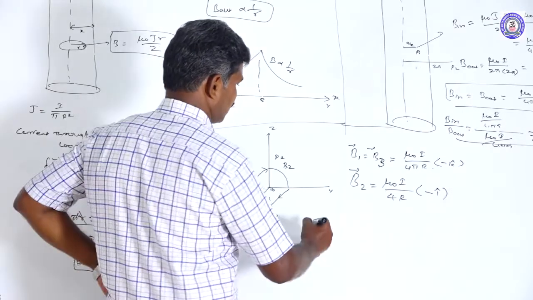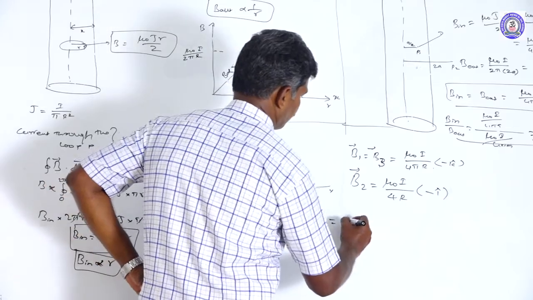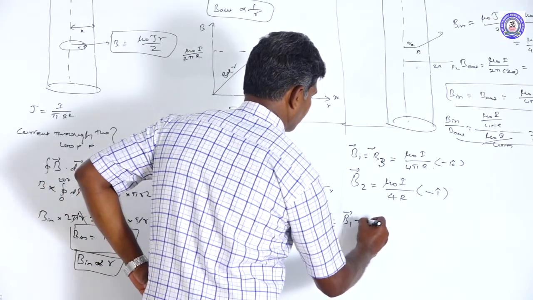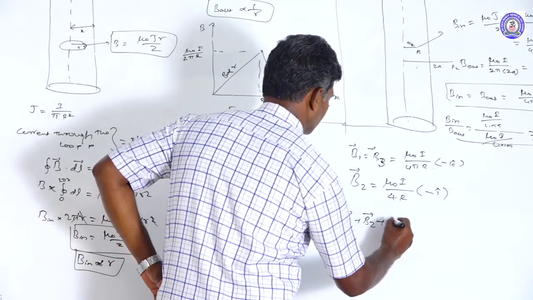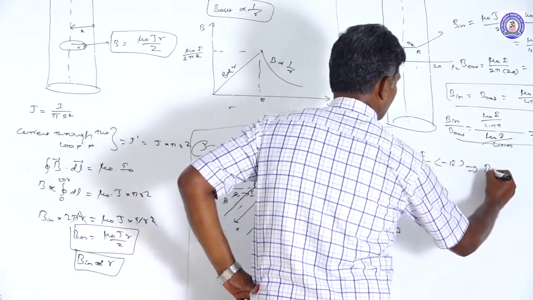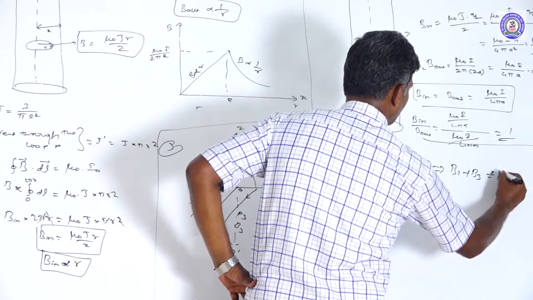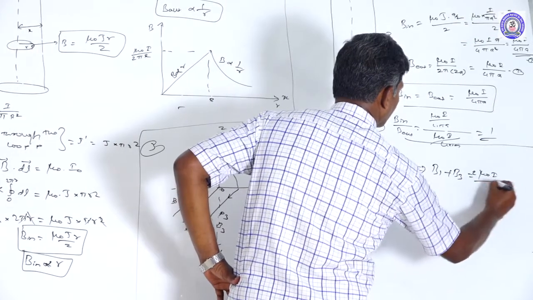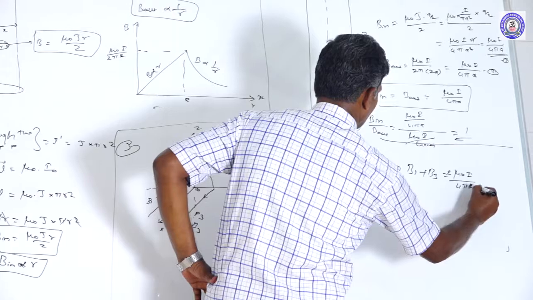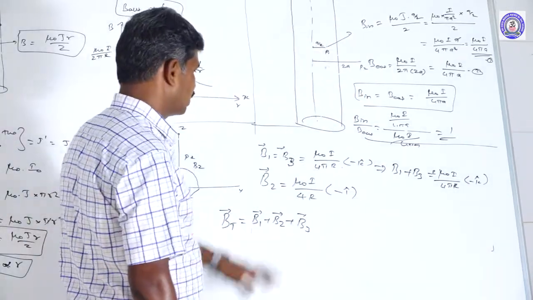That's why the total magnetic induction BT vector equals B1 vector plus B2 vector plus B3 vector. We know that B1 plus B3 equals 2 into mu naught I by 4 pi r of minus k cap, and B2 value is this.